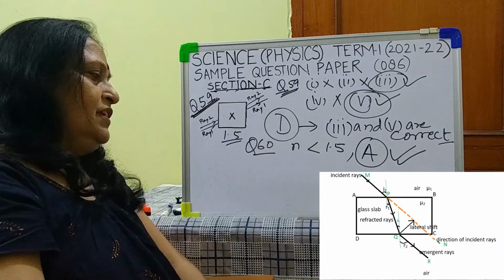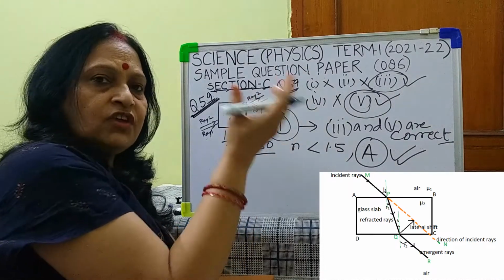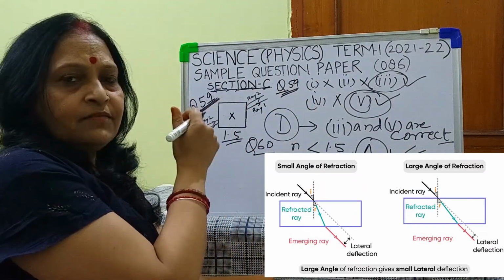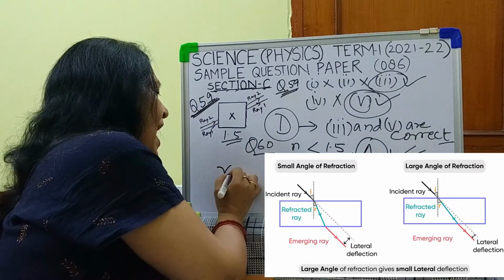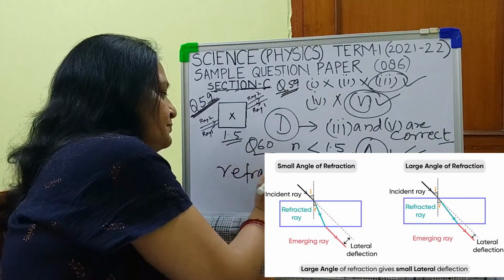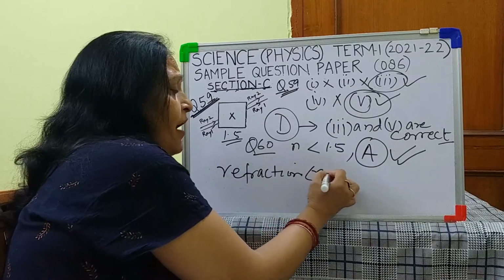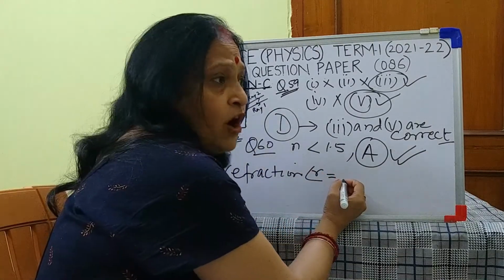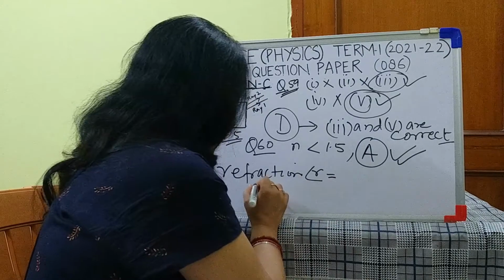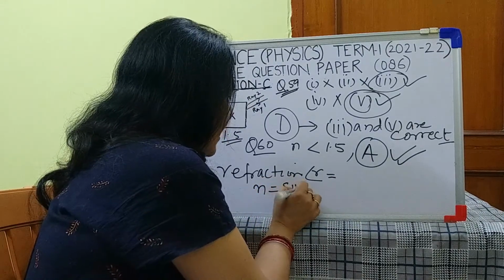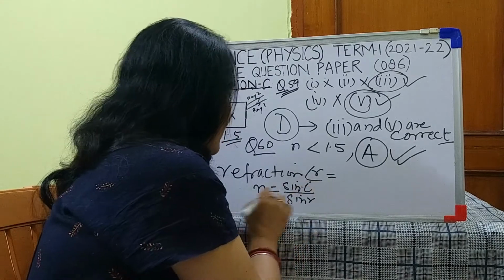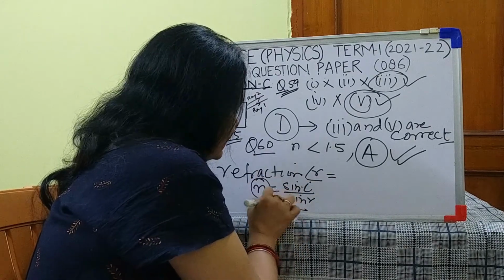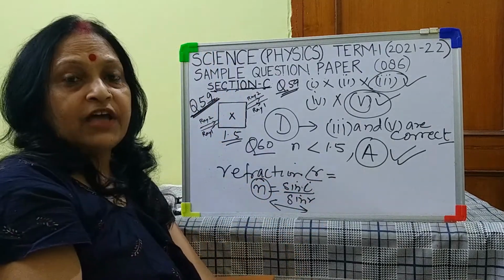In these given diagrams, as you see on my screen, the angle r, that is the angle of refraction, depends upon what terms? When n equals sin i upon sin r, we say that the refractive index is inversely proportional to sin r.